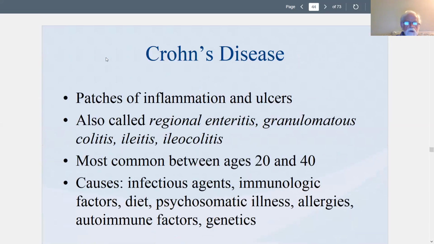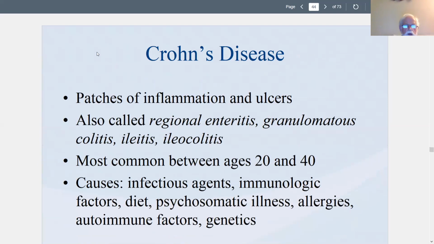Crohn's disease is an inflammation of the small bowel, and it can be accompanied by ulceration as well, holes in it. It's also known by these other names: regional enteritis, granulomatous colitis, ileitis, and ileocolitis.